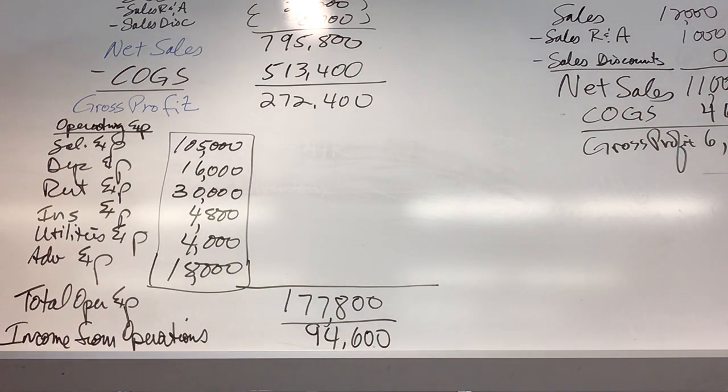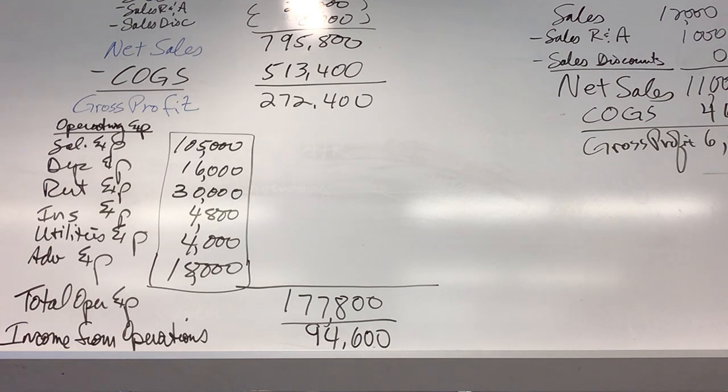Just flip the two words around. Either one is fine. But remember, the idea is we want this subtotal, which is the income from just running the shoe store, right? This is the income from just selling the shoes. And this is the income from just running the shoe store. It doesn't have all this other corporate stuff in there. Or things that are only going to happen one time.